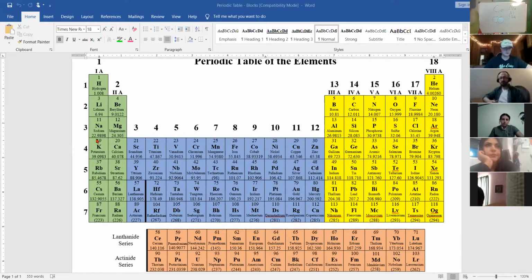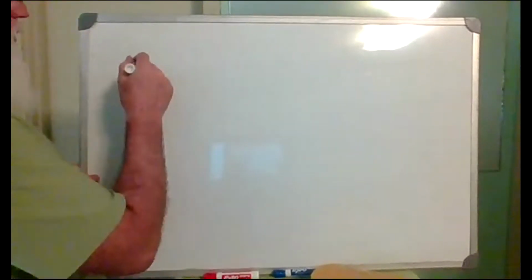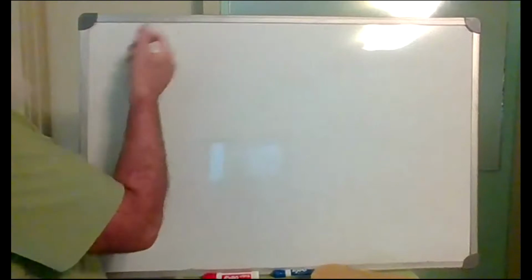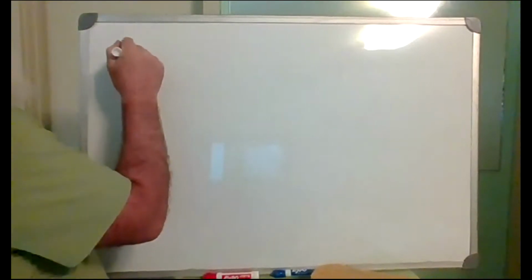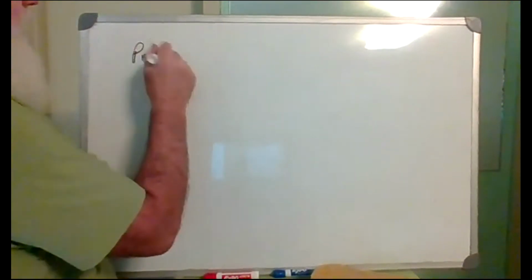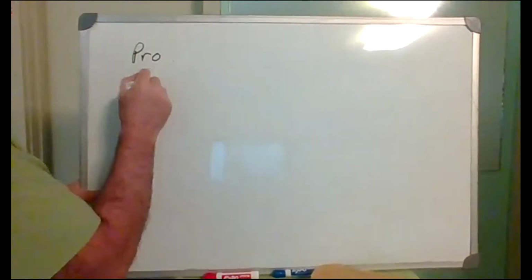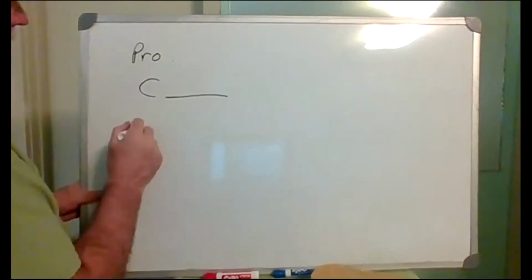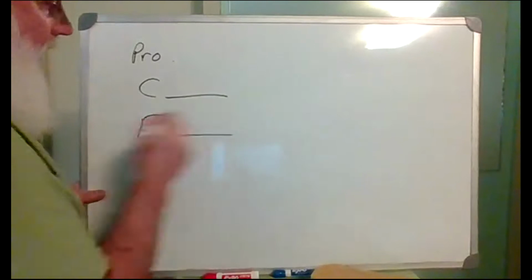Okay, and if you don't handwrite the question. Here, I'll show you what the first assignment looks like. We still need to get to these Roman numerals here. So I'm going to say, provide the atomic mass of each of the following elements. I'm going to have like carbon and a line, iron and a line.